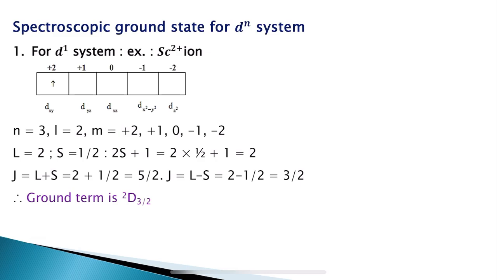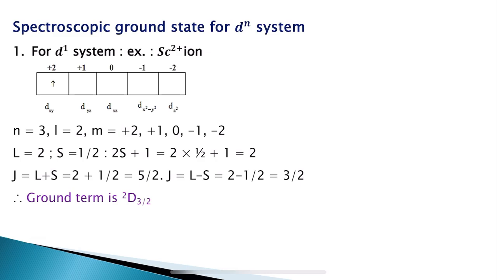In Hund's rule, we predict the ground state of an atom or molecule with one or more open electronic shells. So to determine the spectroscopic ground state for the dn system, we are going to use Hund's rule.